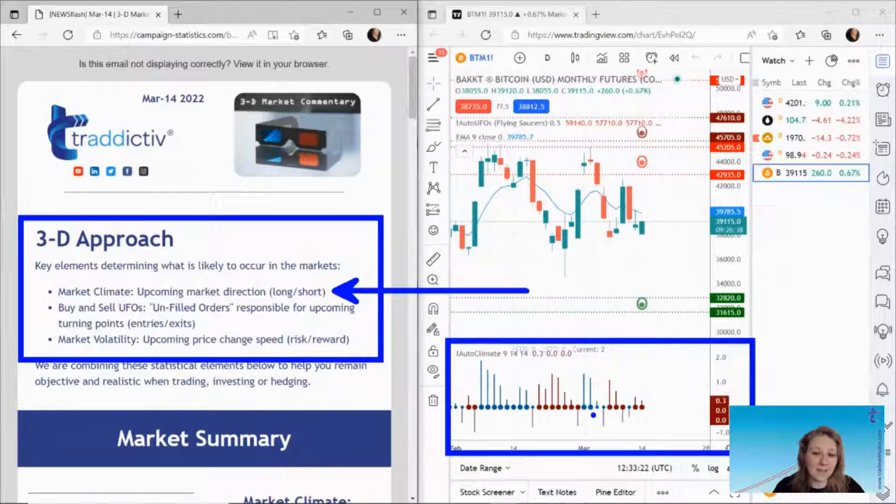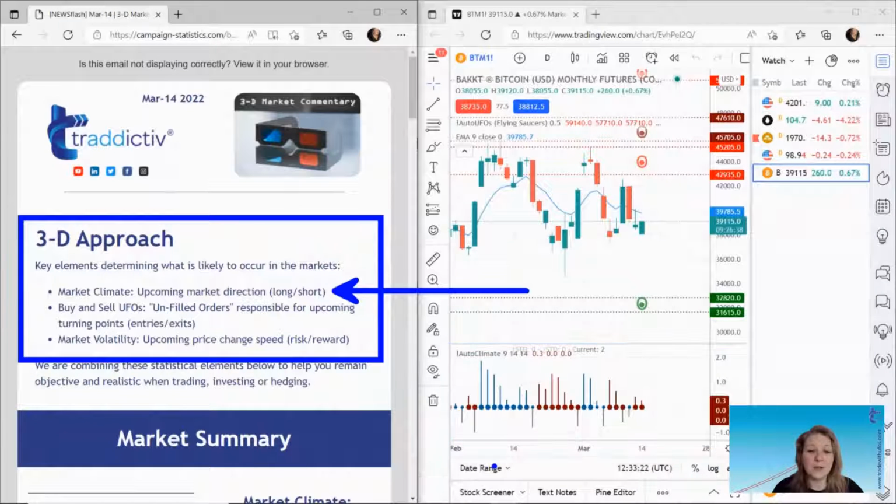If we have a thick dot on our AutoClimate, ignore the lines, just focus on the dots. A thick blue dot tells us probability is upwards. If we had a thick red dot, that tells us probability is downwards. And if we had a thin dot, that tells us probability is in neither direction. So we're going to look at that per market to see where the likely upcoming market direction will be.